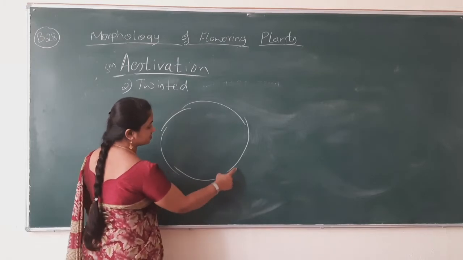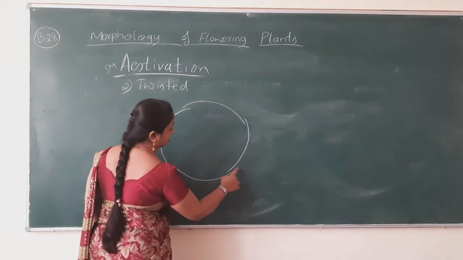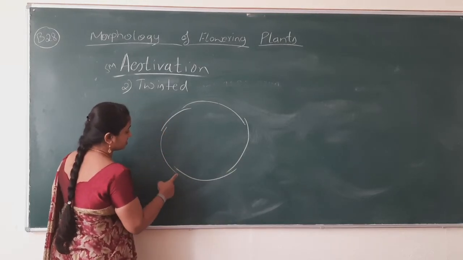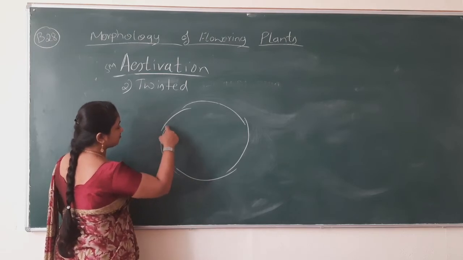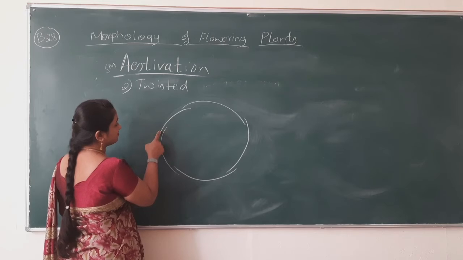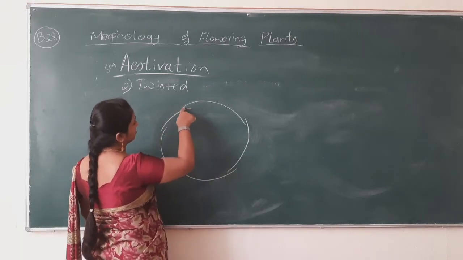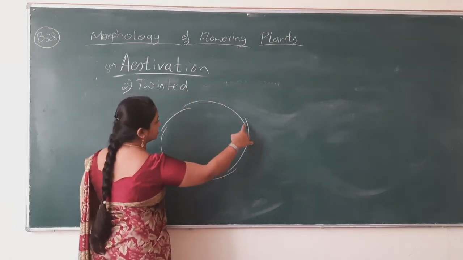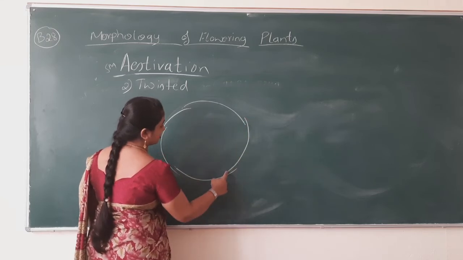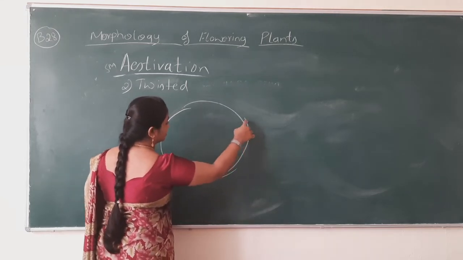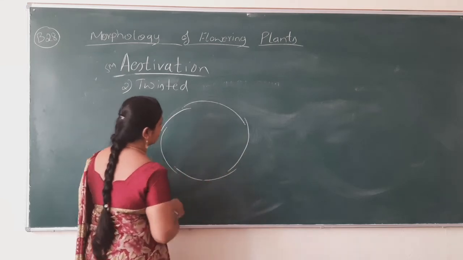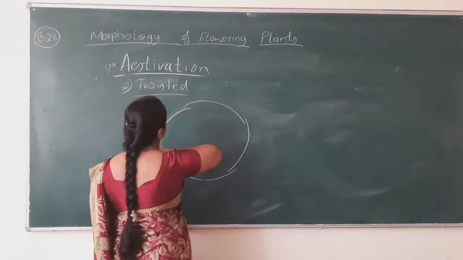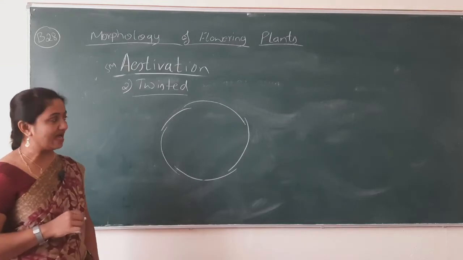Here the margin is at the anterior position, and this margin is overlapped to the next sepal, and this will be free. This margin is overlapped with this sepal, and this will be free. So this arrangement looks like a twisted manner, a twisted type of estivation.